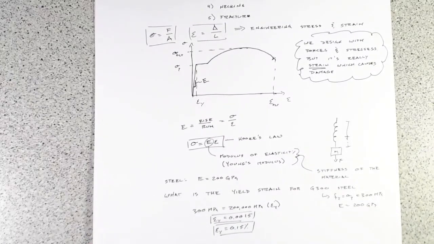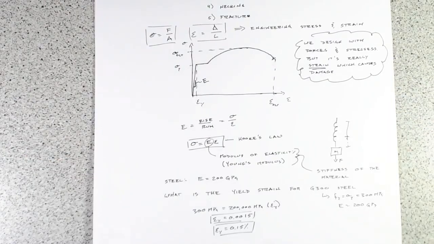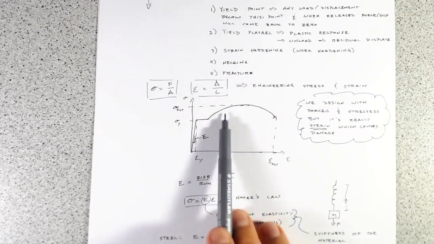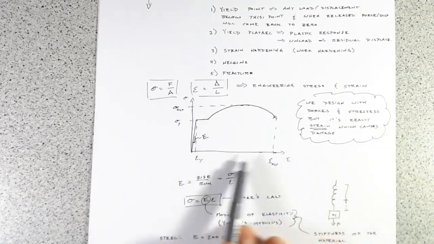So that's kind of crazy if you think about it. If you've got a 100 millimeter long piece of steel rod, and you pull it and you manage to increase its length by less than a millimeter, by 0.15 of a millimeter, you are going to yield the steel. So there's not a lot of movement. And so every time we draw our stress strain curves like this, this really isn't to scale.